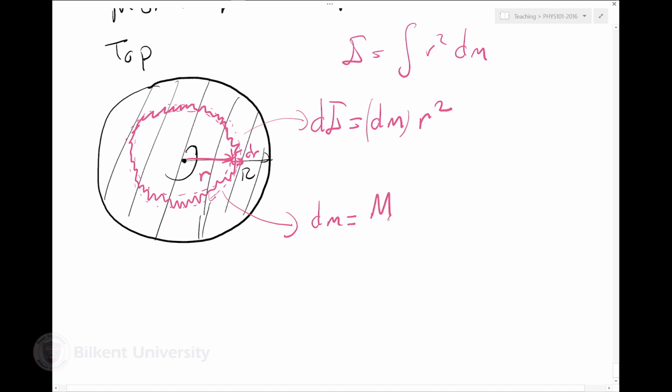Full mass of my disk is m, full area is pi times r squared. Now I will calculate the area of this thin slice and do a direct proportionality. Does it make sense? Are we on the same page? Now what's the area of this thin slice?